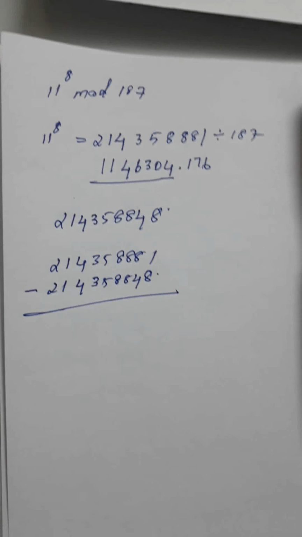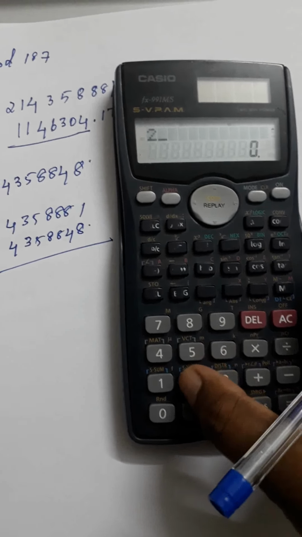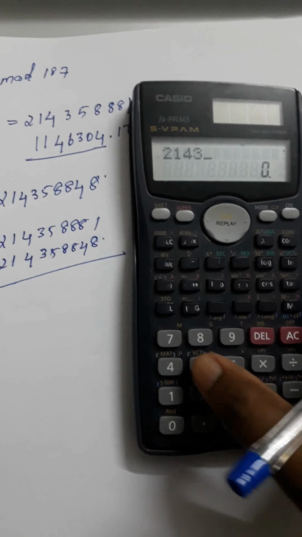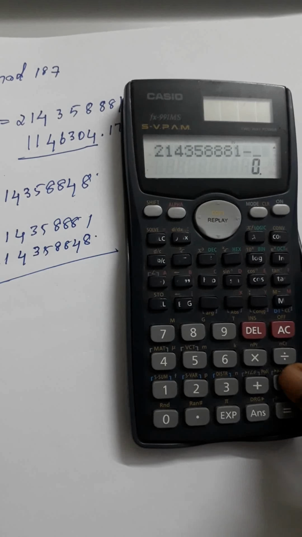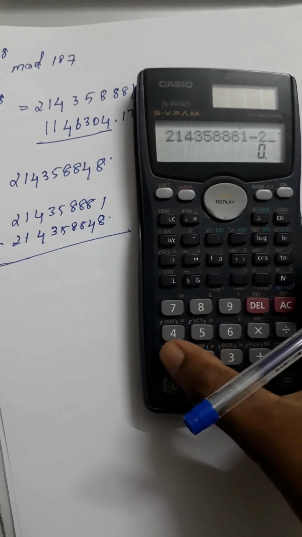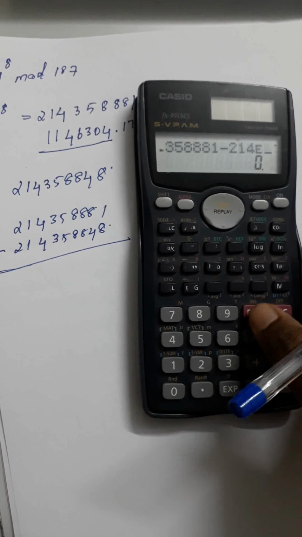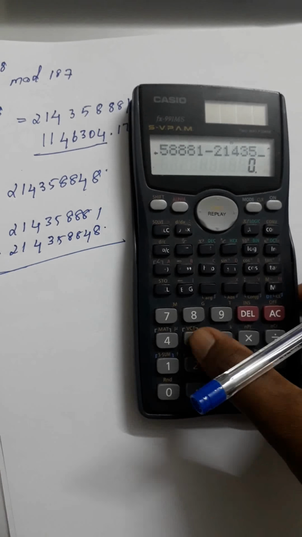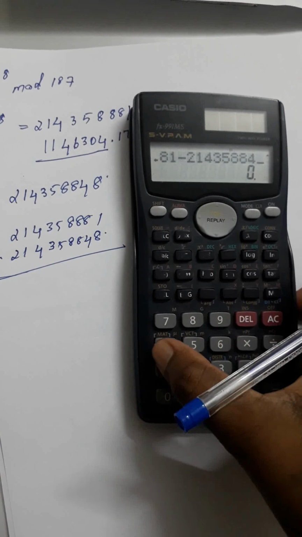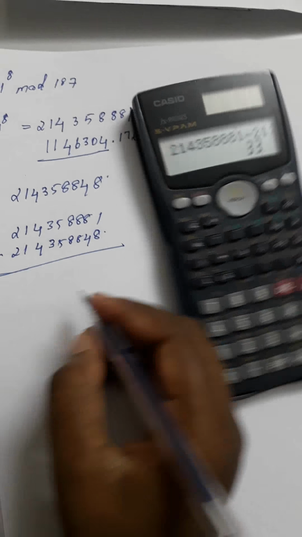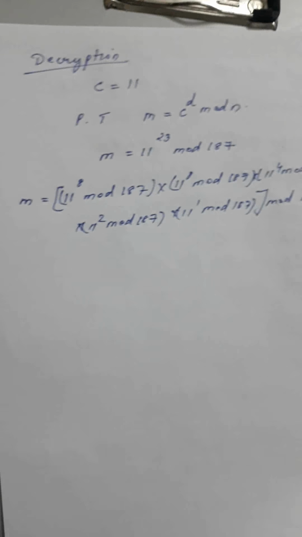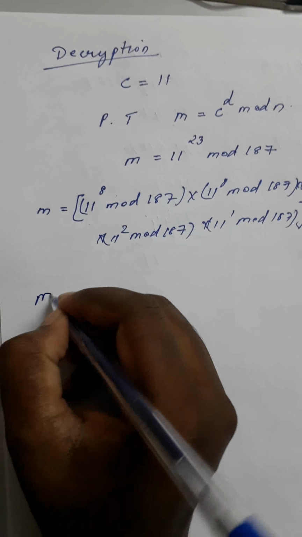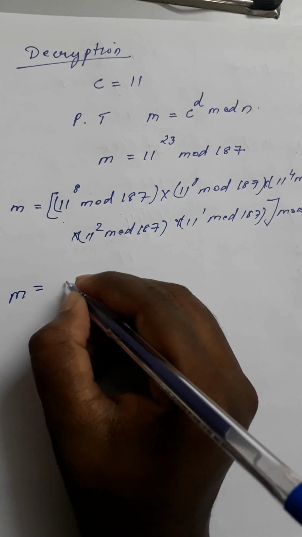When you subtract both the values, you get the value of 33. So 11 power 8 mod 187 is 33.